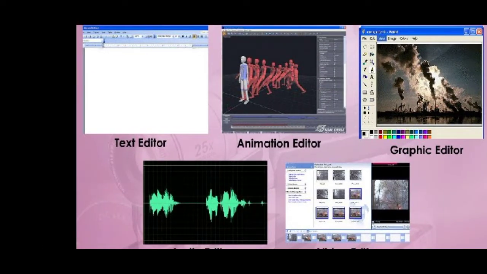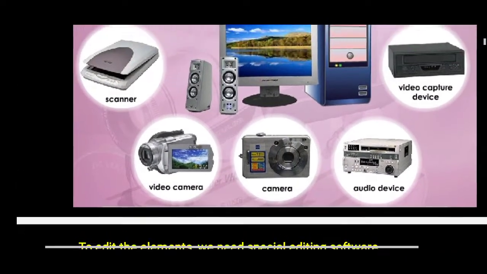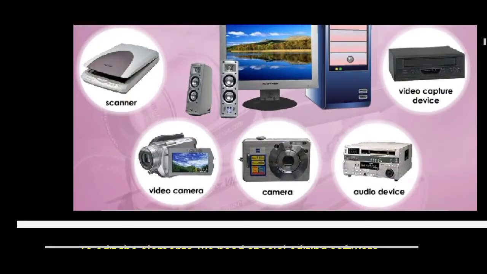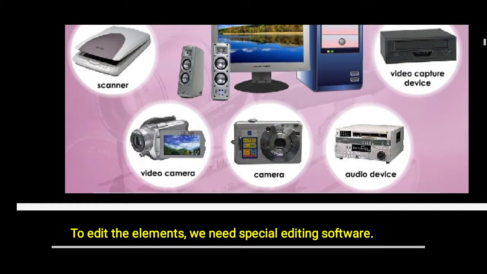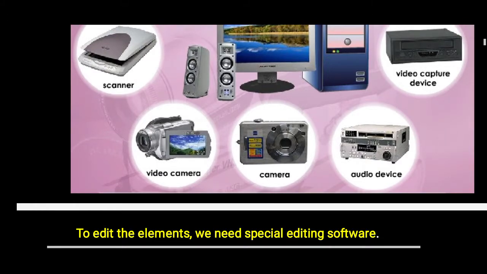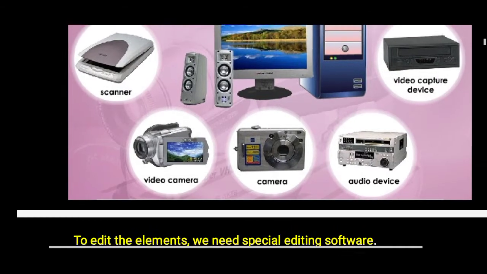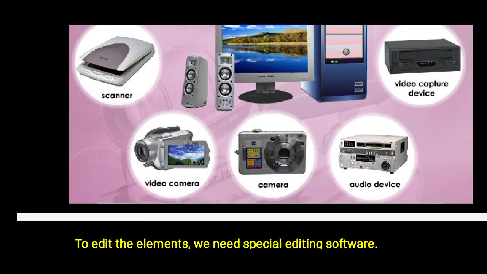First of all, we prepare or scan the document, or type the document using the software. For video, we use a camera to capture the videos. The camera is also used for capturing images. Here an audio device can capture the audio.